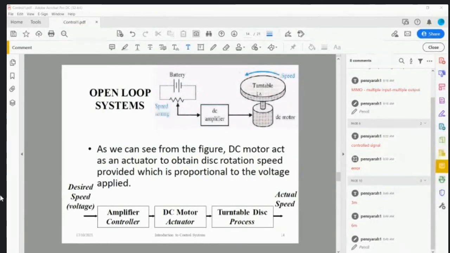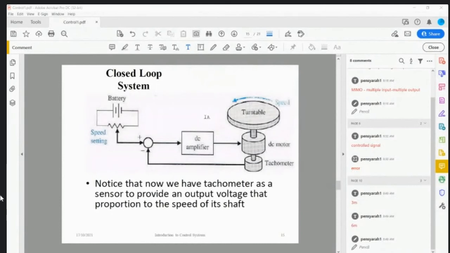Now we want to design a closed loop control system, which allows us to control the speed of the turntable so that it lies in a certain range. The additional component that you can see here is the tachometer, which is the speed sensor.